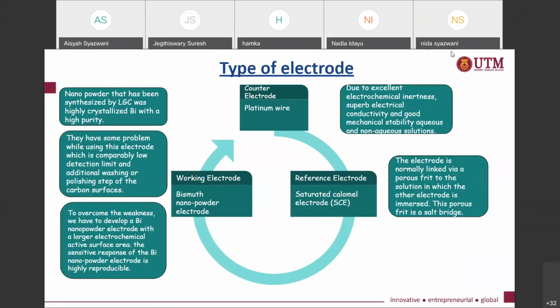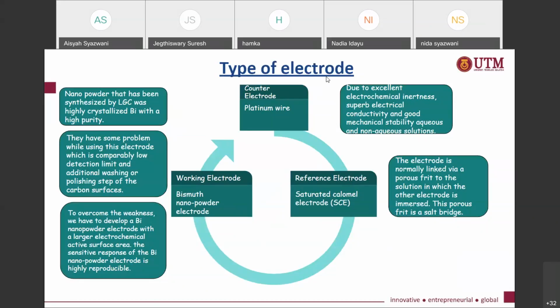A counter electrode is used due to the excellent electrochemical inertness, super electrical conductivity, and good mechanical stability in aqueous and non-aqueous solution. Saturated polymer electrode SSCC is for the reference electrode because the electrode is normally linked via a porous space to the solution in which the other electrode is immersed. This porous space is a salt bridge.